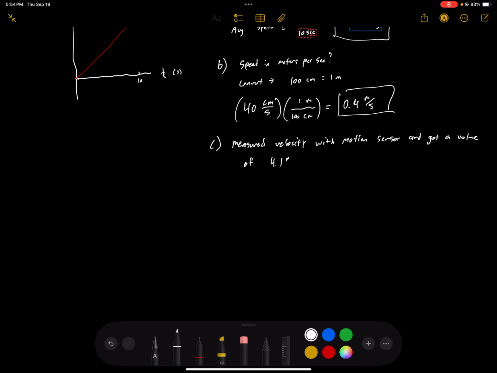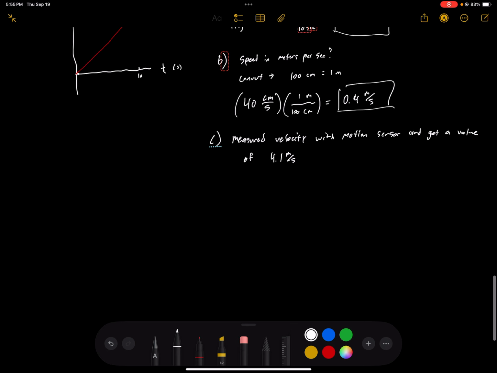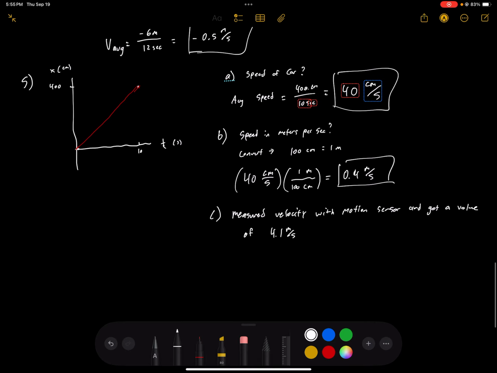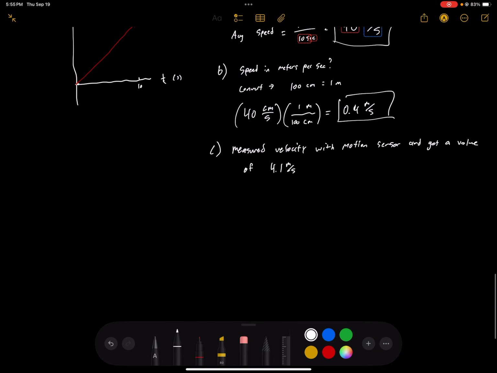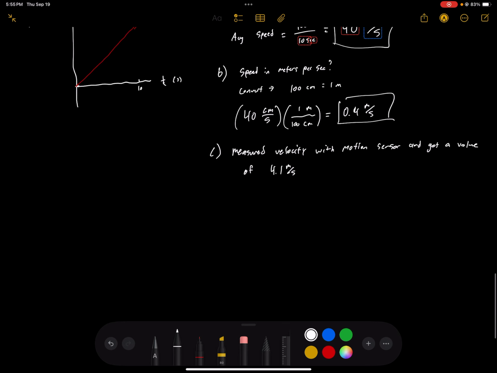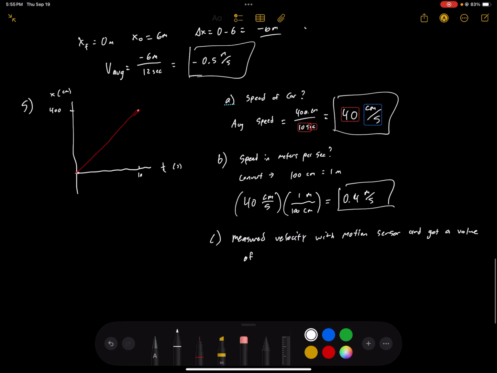Whoops, it wouldn't be 4.1. That doesn't make much sense. So 40 centimeters per second. I don't want to do 4.1. That's way off. It's not going to measure 10 times the amount. I was thinking of the position, not the velocity.